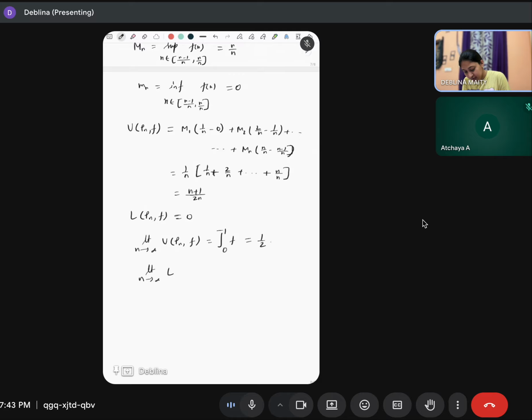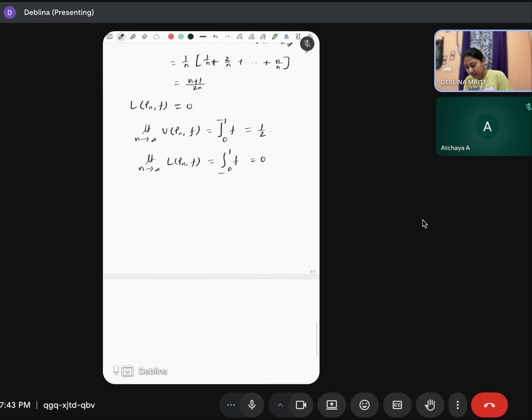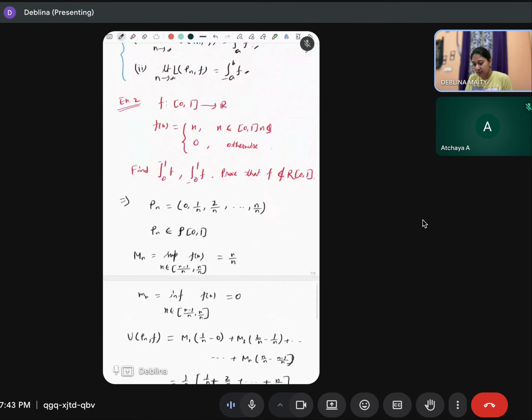And as n tends to infinity, L(Pn, f) is the lower integral, which is 0. So these two are not equal, so f is not Riemann integrable. So f does not belong to R[0,1], right? So this function is not Riemann integrable.